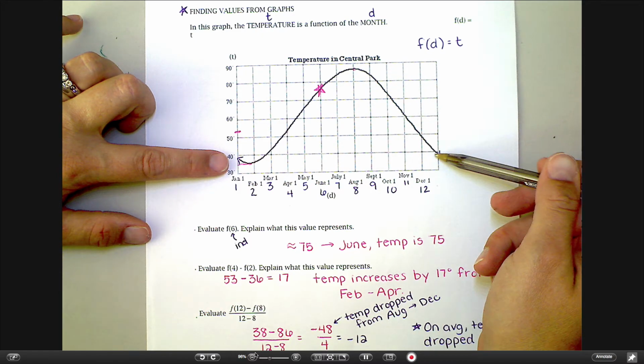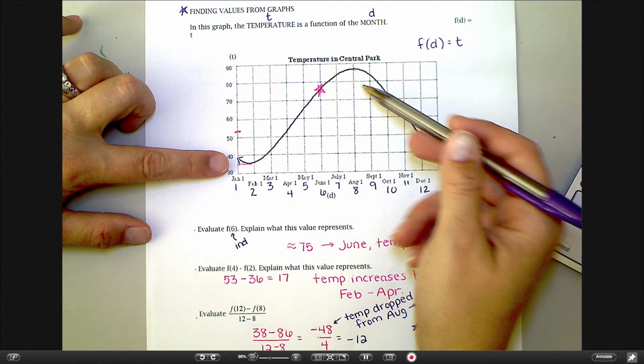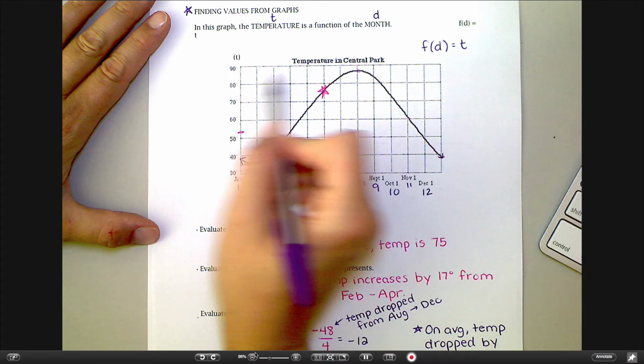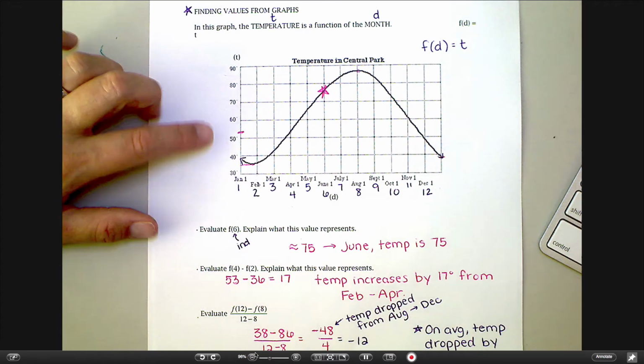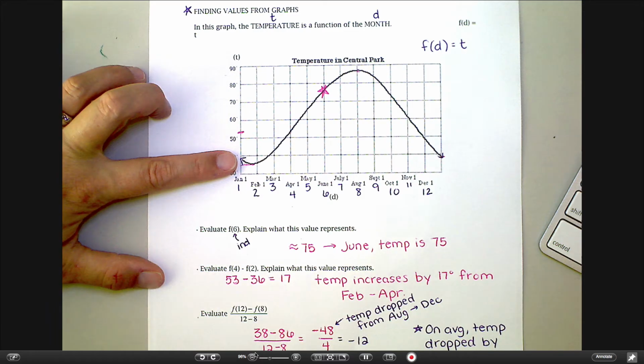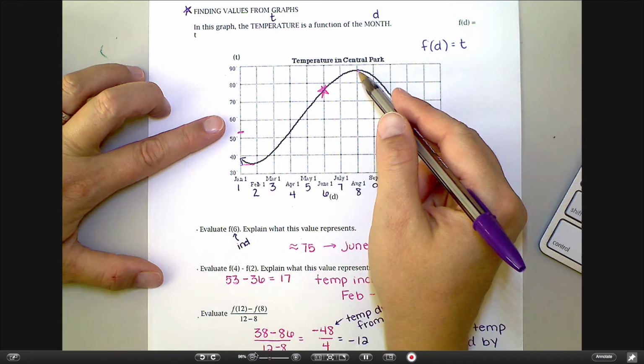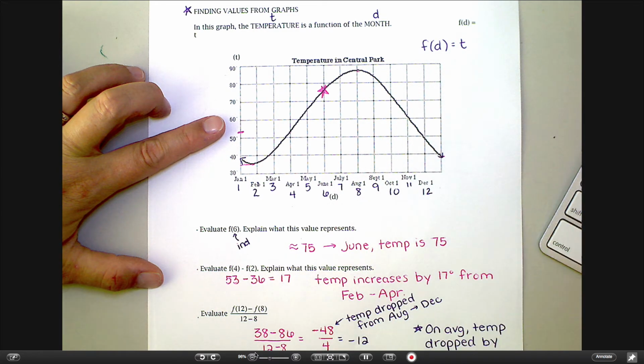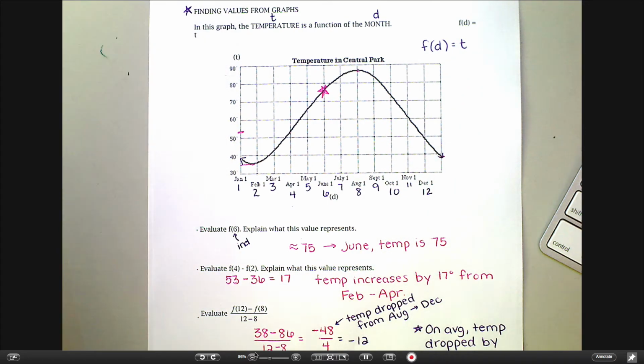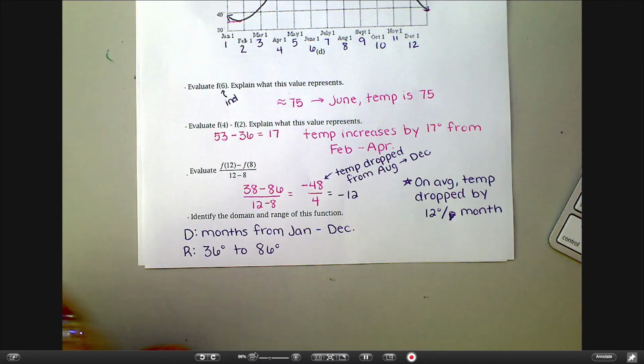And actually, it's hard to tell. No, I don't think that's any lower than that. So I could kind of set my range and say it's all temperatures from 36 degrees to, let's see, what did we call this one a second ago? I think 86 degrees. Okay. Sorry, you can't even see me writing that. So 36 degrees to 86 degrees.